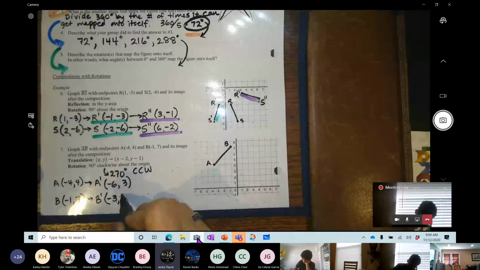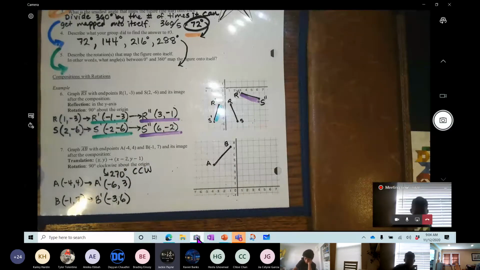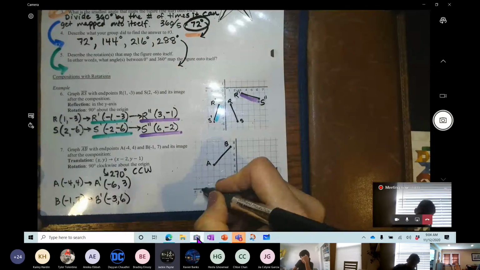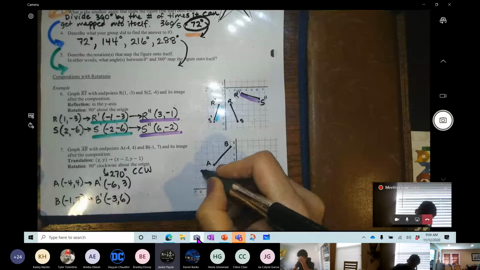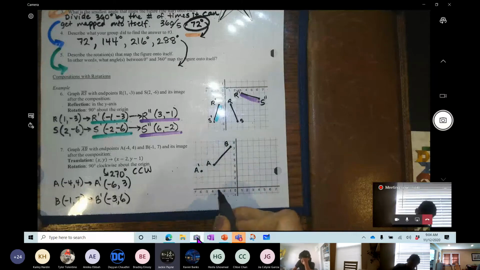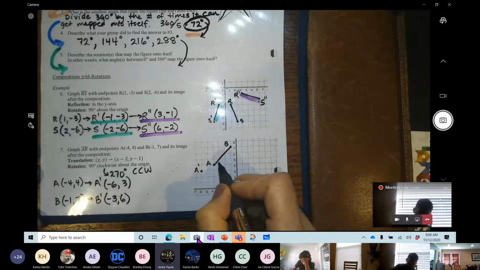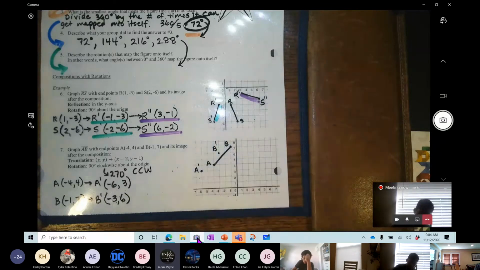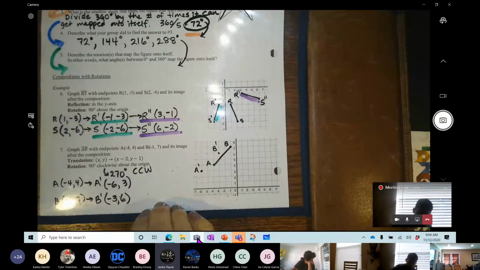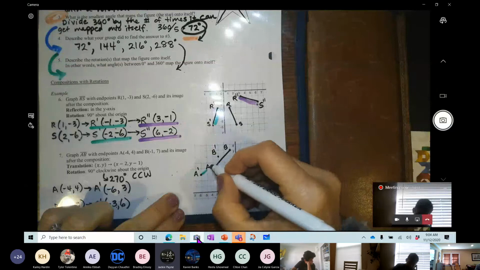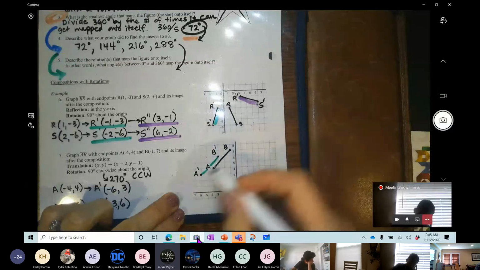And 7 minus 1 will be 6. So that'll be my translation. So A prime is -6, 3, and B prime will be -3, 6. It looks just a little shifted.